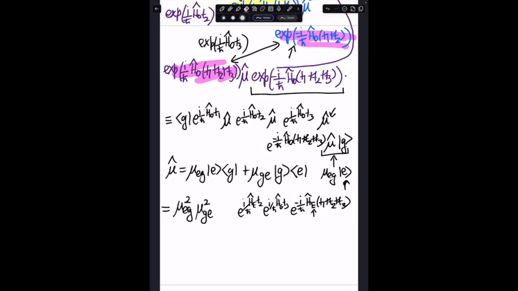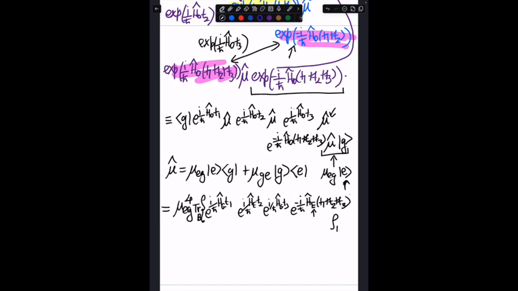And since mu_EG and mu_GE are just complex conjugates of each other because the dipole operator is Hermitian, I just write mu_eg to the power 4, and then you're back to the ground state, and then you have this final backward time propagator over t1, so that gives you e raised to the power i upon h bar H_G t1.